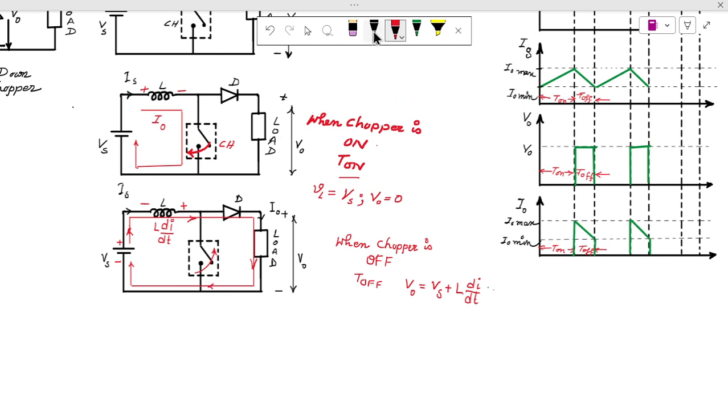Okay, so now come to the derivation. There will be no energy loss, and we will follow the law of conservation of energy.